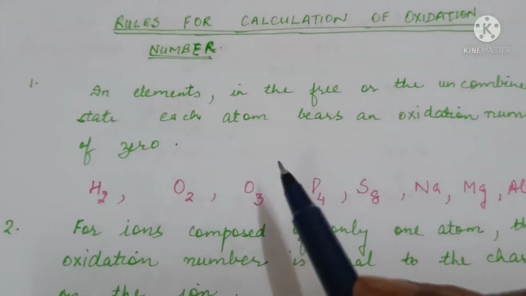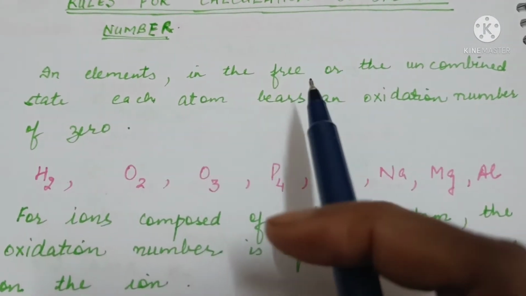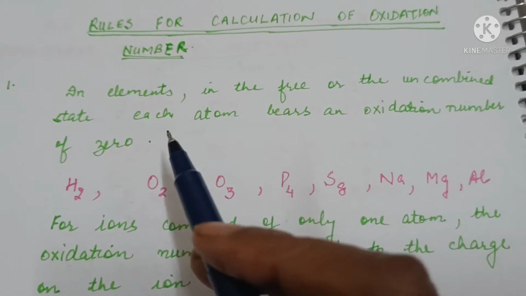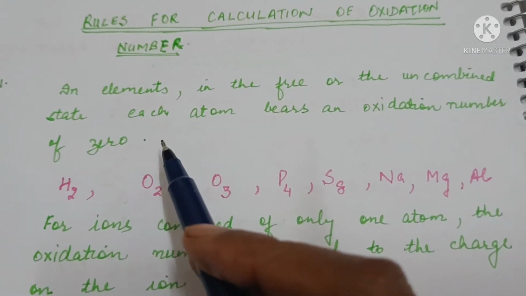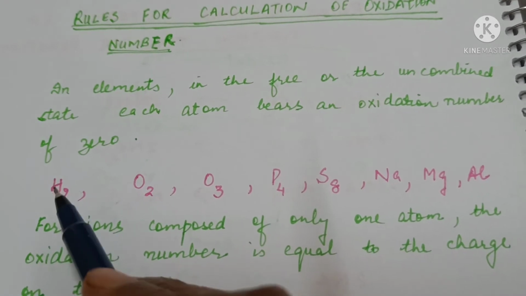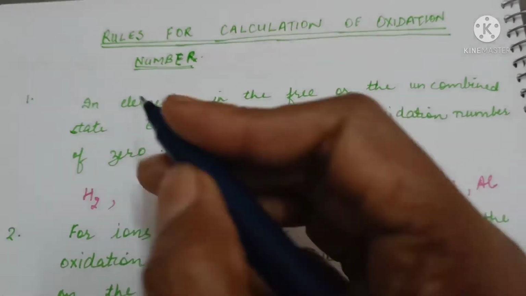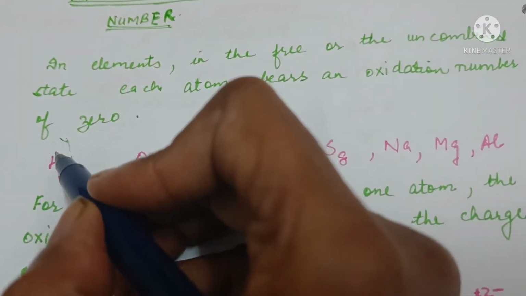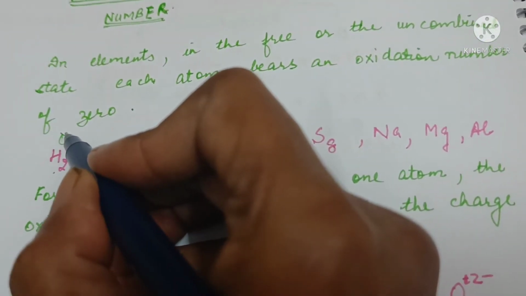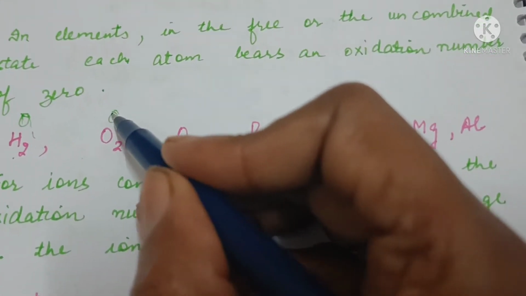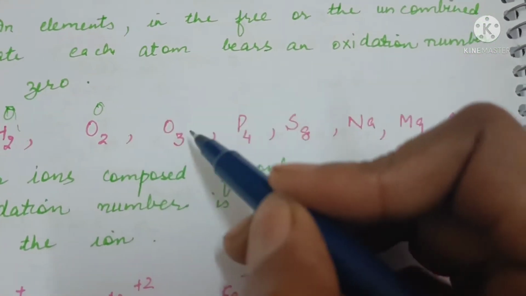Rule number 1. In elements in the free or uncombined state, each atom bears an oxidation number of 0. For example, hydrogen in its elemental state exists in the form of H2, so the oxidation number of hydrogen is 0. Oxygen exists as O2, oxidation number will be 0.